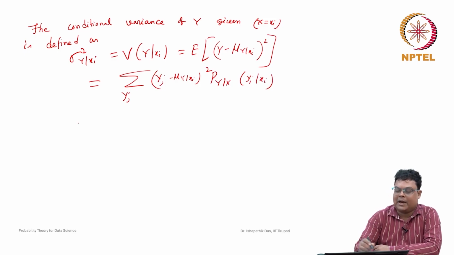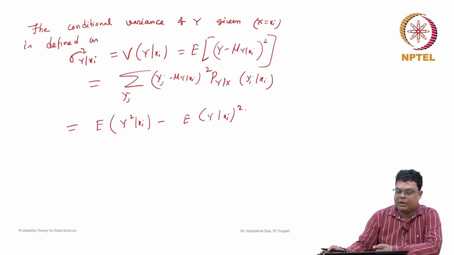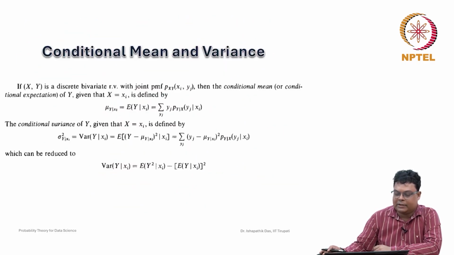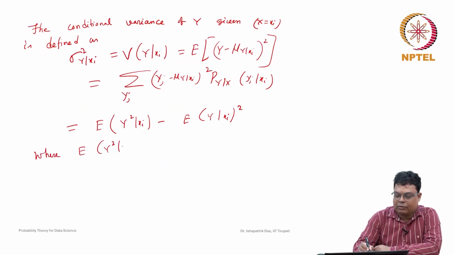It can be simplified as the expected value of Y squared given xi minus the square of the expected value of Y given xi. We did not define the notation before, so this notation E[Y | xi] represents the expected value of Y given xi. And what is the expected value of Y squared given xi?